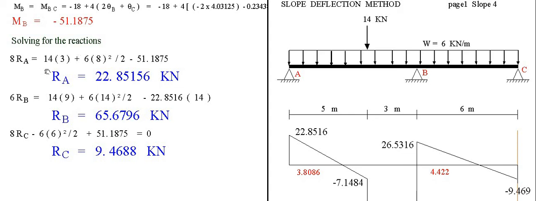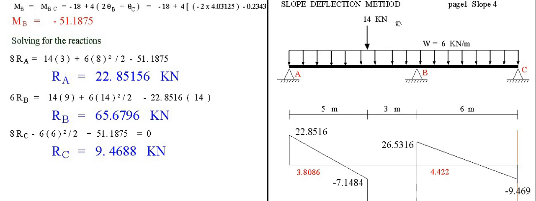Okay, so if we solve for 8 RA, 8 times RA is equal to, this is in this direction, I place this computation on the opposite of equality.